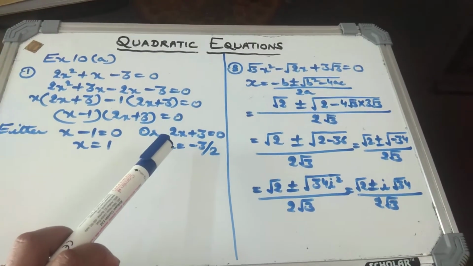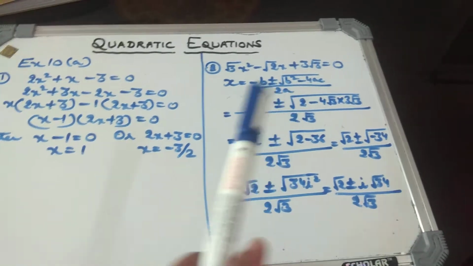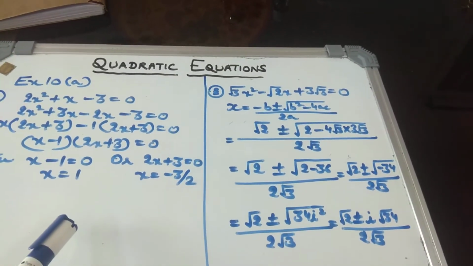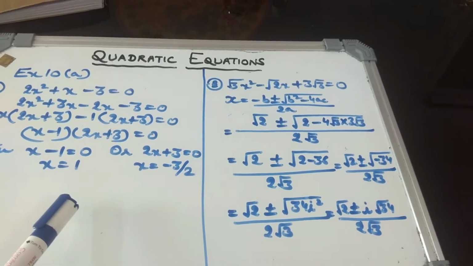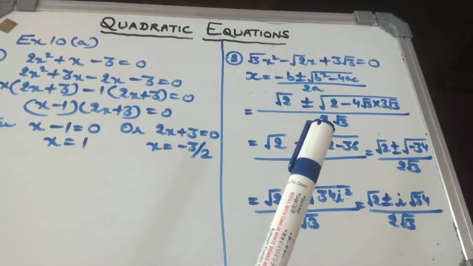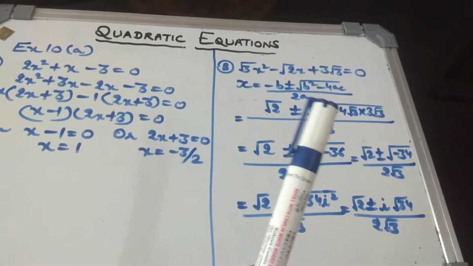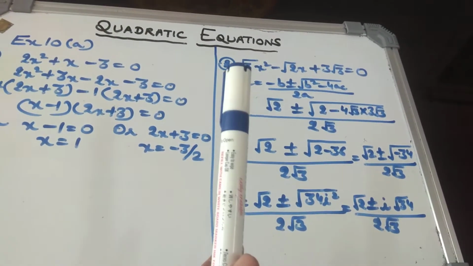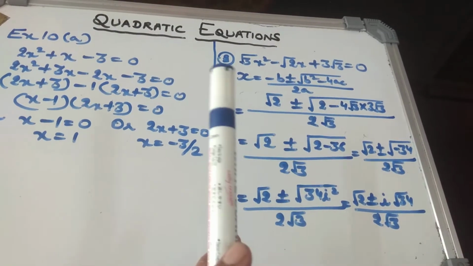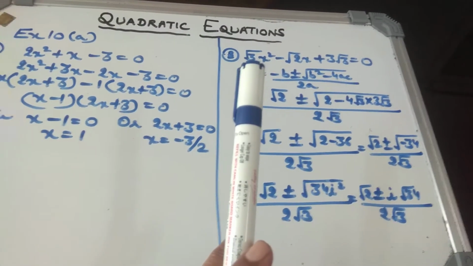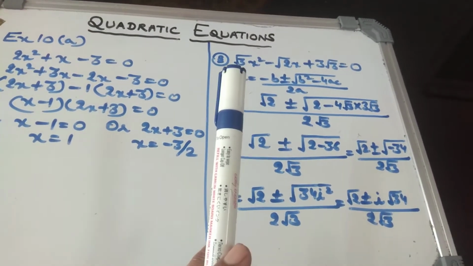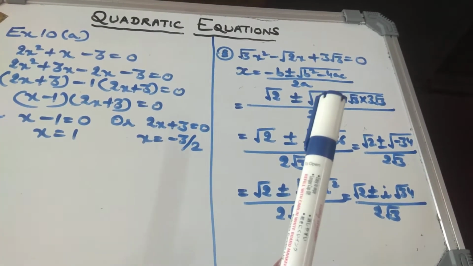Now comes the second question. I have taken question number 8 for you. Now in this question, instead of factorization, I am using the formula method. Now children, please be attentive. Try to understand, because all the three terms have the third form, that is the irrational numbers a, b, c, all are root 3, root 2, 3 root 3.